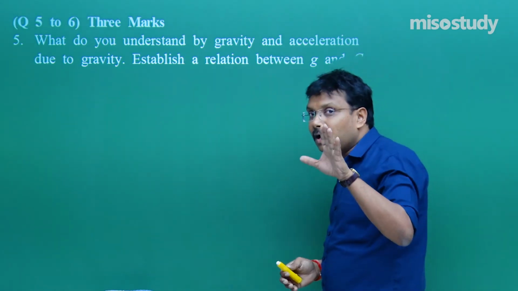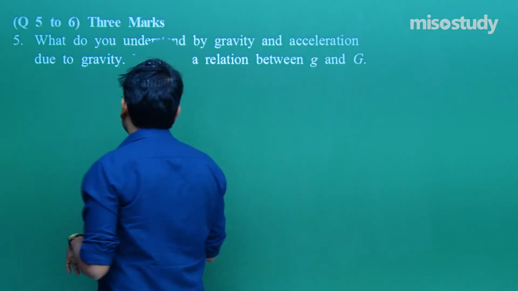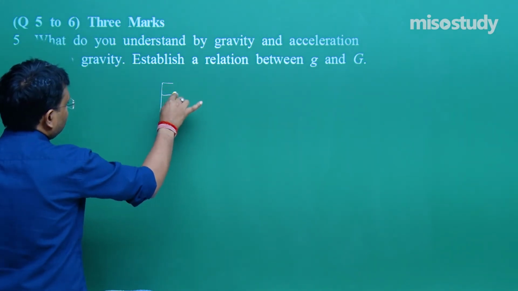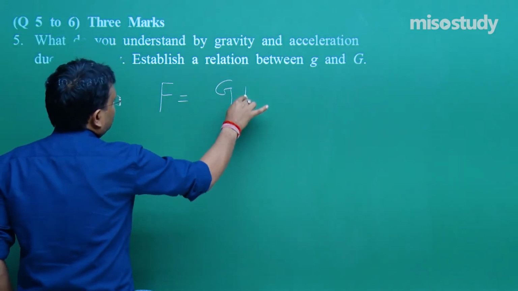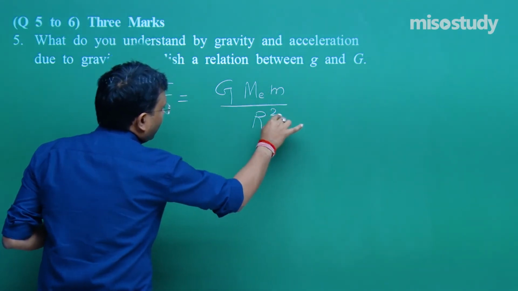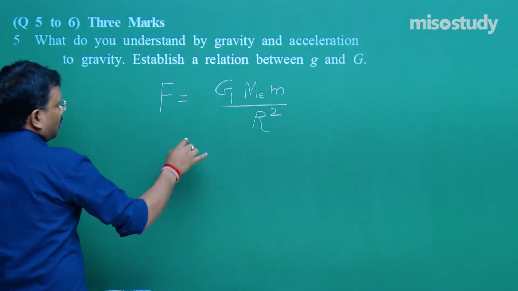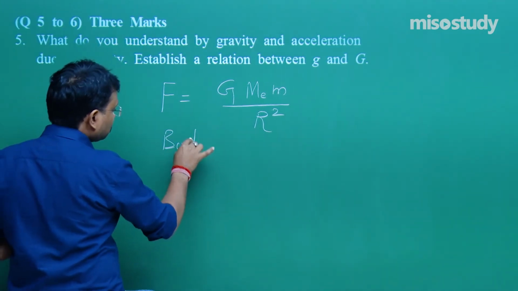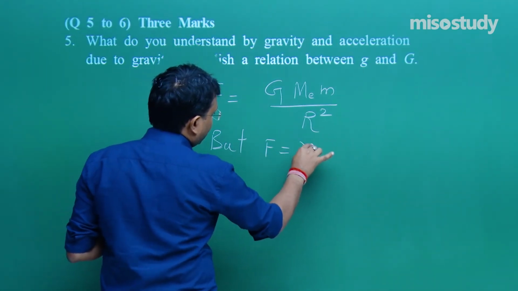Now what about the relation between G and g? So simply say F is equal to G M E upon R square, fine, but F is equal to mg.